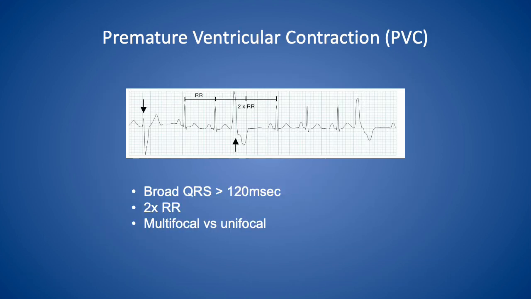PVCs, or premature ventricular contractions, are defined by a broad QRS, so greater than 120 milliseconds. Typically, it's 2 times the R to R interval, and they can be multifocal or unifocal. This is a ventricular contraction coming from the ventricles that results in a depolarization of the entire ventricles.